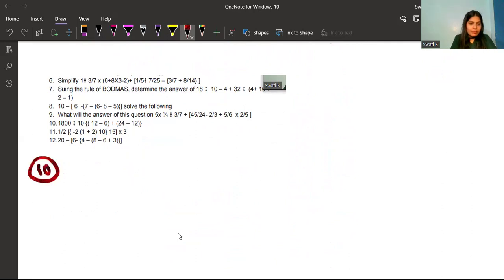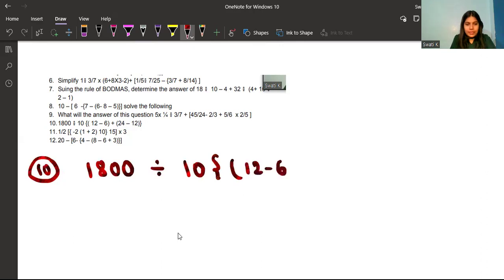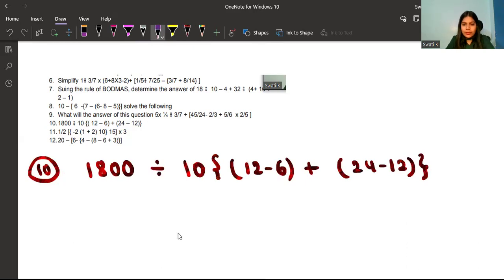So in question number 10, we have 1800 divided by 10 in bracket 12 minus 6 plus 24 minus 12, and then I'll close the bracket. Of course, first I'll solve the small bracket: 12 minus 6 is 6 and 24 minus 12 is 12, right?